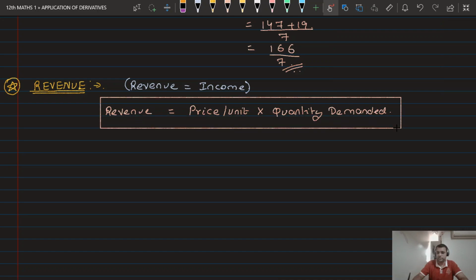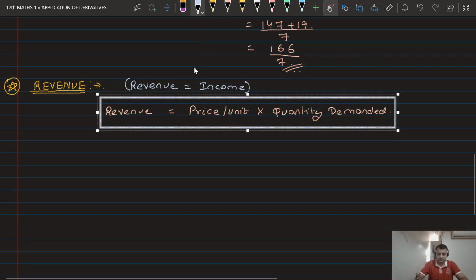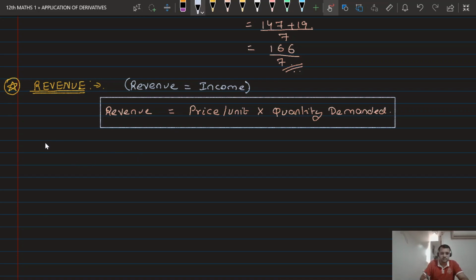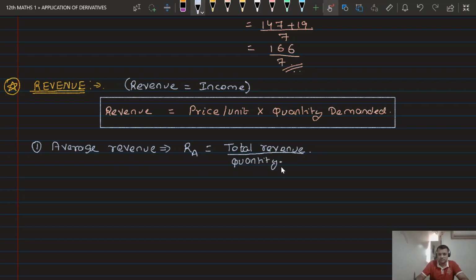This is a very important point you need to remember out here. After this, now when I want to find out the average revenue, RA, it is given by total revenue divided by the quantity.